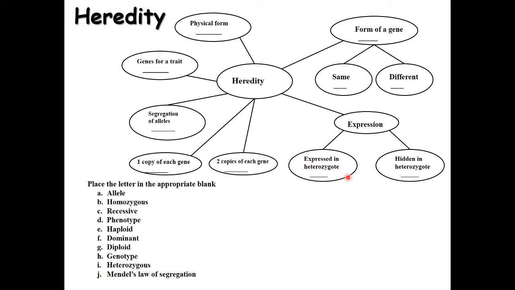In, can you do expressed in heterozygote? Sam, can you do this one? Form of a gene. Okay, Harley, can you do this one here? Hidden in heterozygote. And that's all the people that I can see.